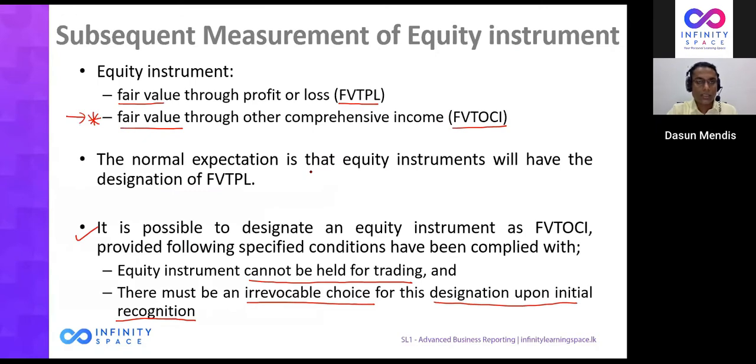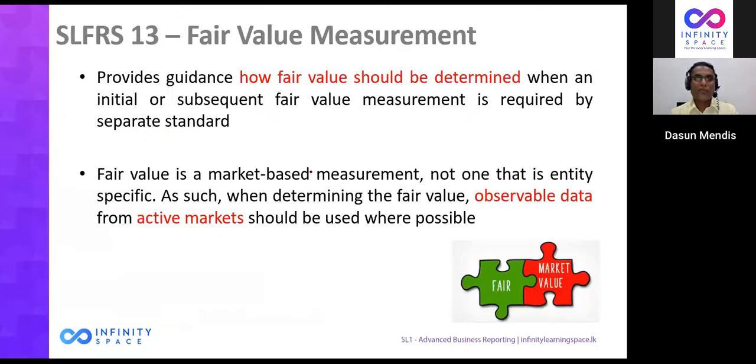What I wanted to highlight is that these are the areas you need to focus on with regard to fair value measurement. Different standards require items to be measured at fair value. When a standard requires an item to be measured at fair value, how to measure the fair value is not guided by those standards.